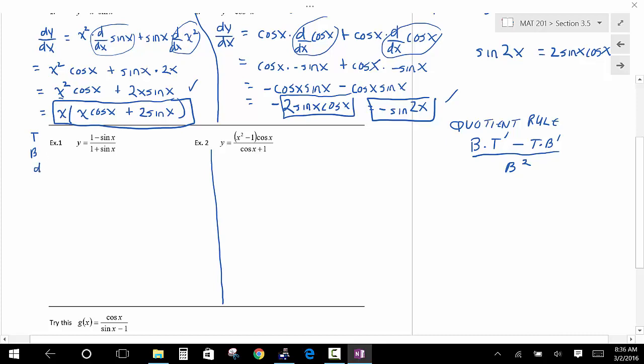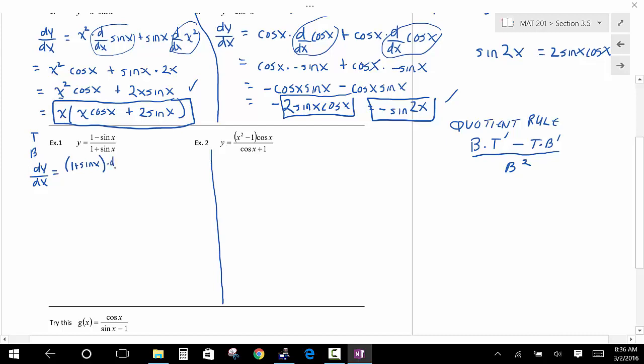So you want to go ahead and get it set up. You start this way on the quotient rule. It goes bottom times derivative of top minus top times derivative of bottom over bottom squared. So we're going to write down the bottom, 1 plus sine x, and then we're going to multiply by the derivative of the top.